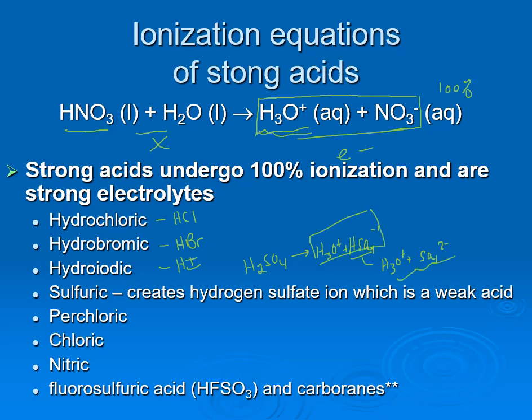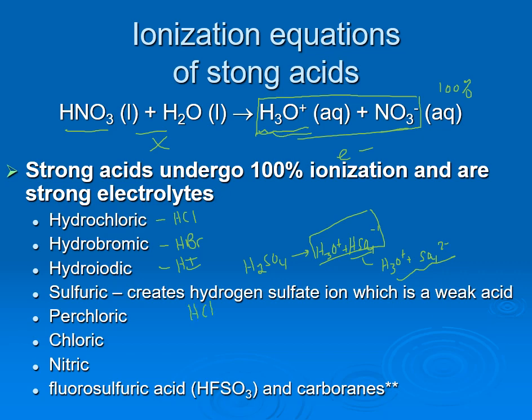You get a lot of this in solution. You don't get as much of this because once it loses the first hydrogen, it's much more difficult to lose that second hydrogen. So, sulfuric, like I said, is stepwise. And the hydrogen sulfate is a very weak acid, so it just doesn't ionize as easily.